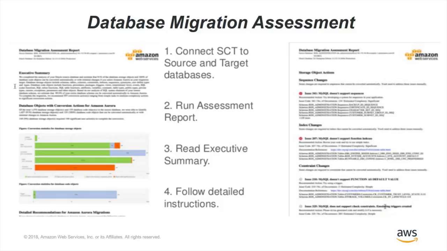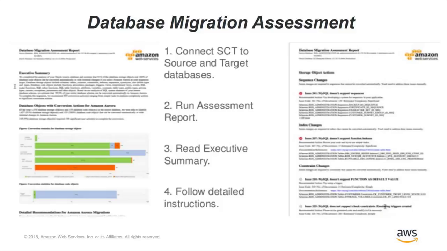So migration assessment, in summary, helps you decide how compatible your current database is with the database in the cloud that you are moving to. Using the conversion scores, I'm also able to determine how my current database will be compatible with the database that I would be moving to.